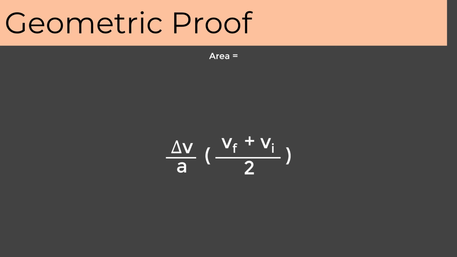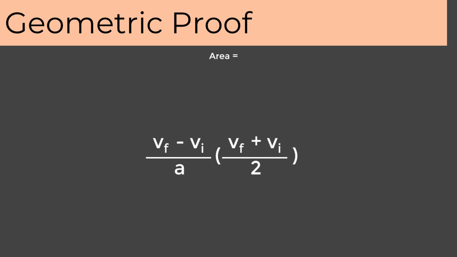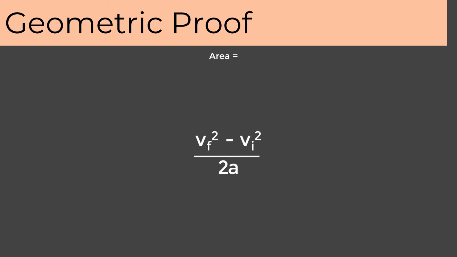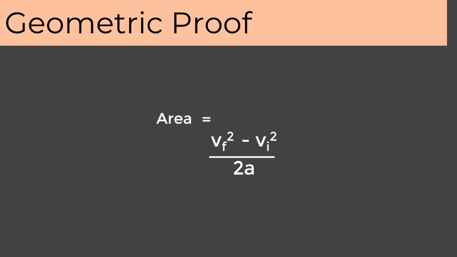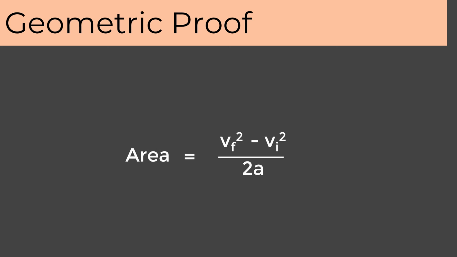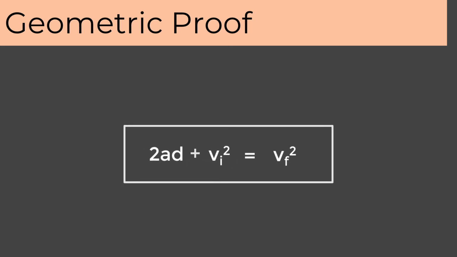Now, we can expand the other delta v and then multiply the two together, giving us the final velocity squared minus the original velocity squared all over twice the acceleration. Remember, this is equal to the area under that graph, or the distance traveled. Expanding it out, we can solve for final velocity, our third and final kinematic equation.